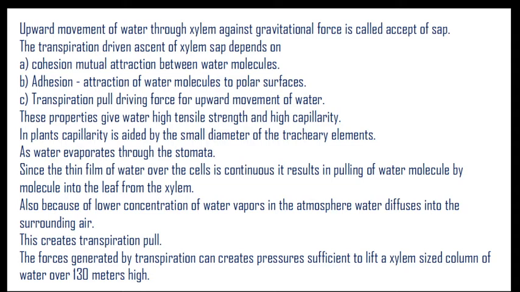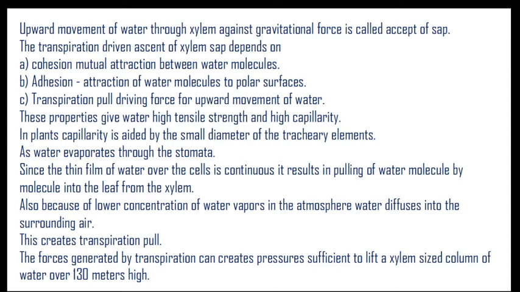Whatever water is expelled out due to transpiration pull, below that there is palisade tissue, and that adjacent tissue and xylem of the leaf can continuously result in pulling pressures.